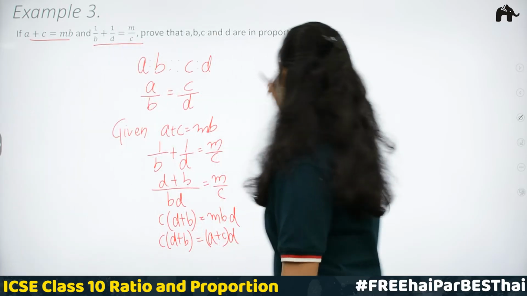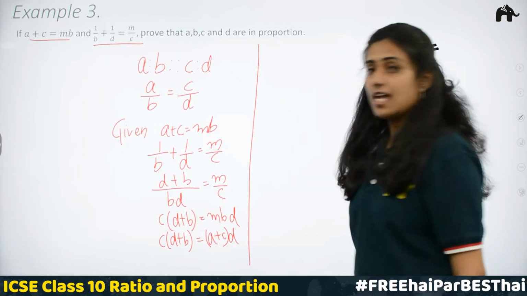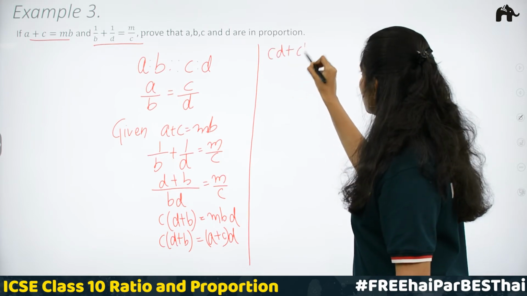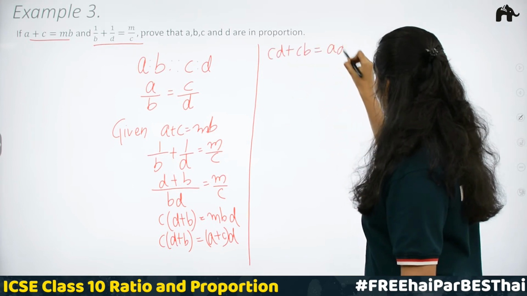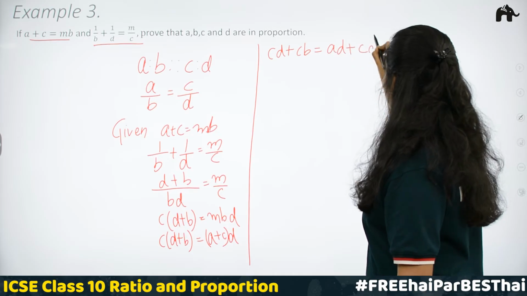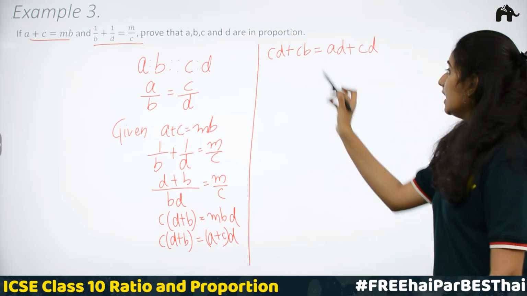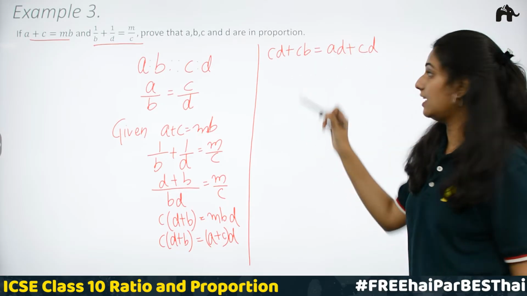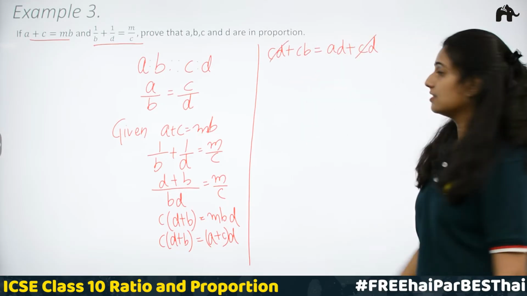Now, removing the brackets and multiplying, we get CD plus CB is equal to AD plus CD. Okay. Here on the LHS we have CD and on the RHS also we have CD. This can be cancelled.